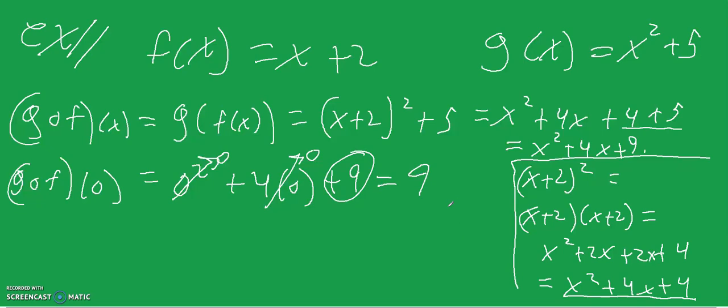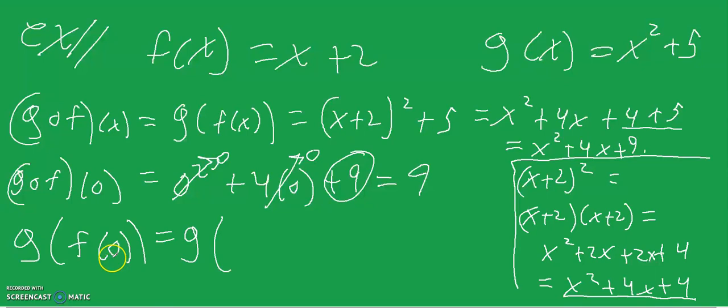And just like what I did in the last slide, I'm going to try to do g of f of 0, because this is the same thing as this. So I need to find what f of 0 is first, and that's going to be off to the side. I'll do that. f of 0 is 0 plus 2, which is 2.